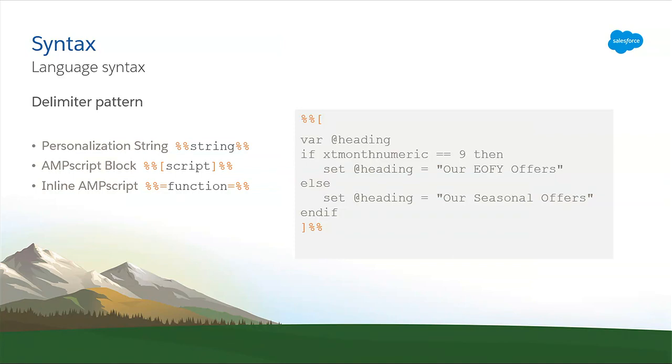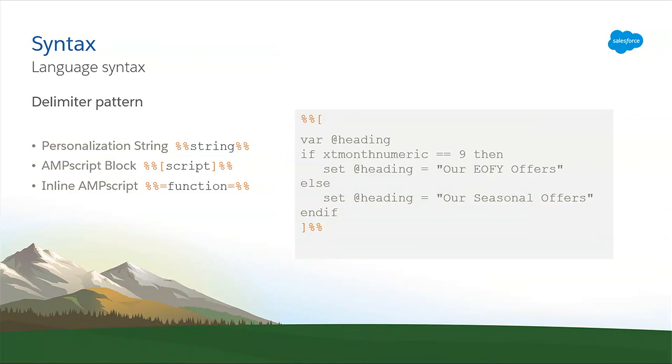So it's saying that if today's month is September, then we're going to set a variable named heading to our EOFY offers. Otherwise, it's going to be our seasonal offers. And even though I'm going to set these variables, and we'll be discussing variables in just a minute, no output is going to be displayed where this code appears on my page.